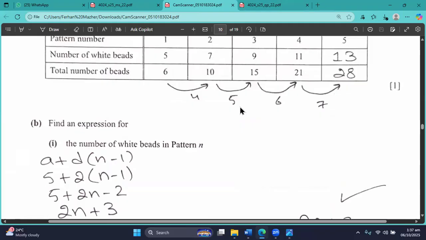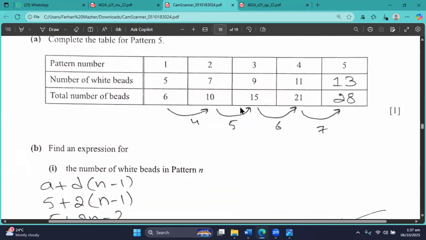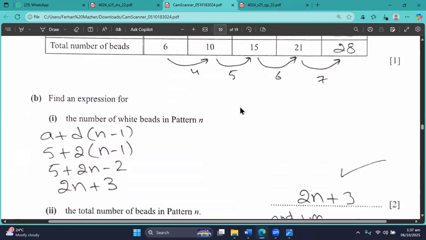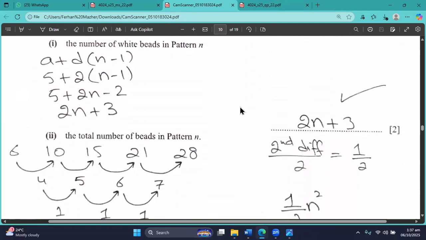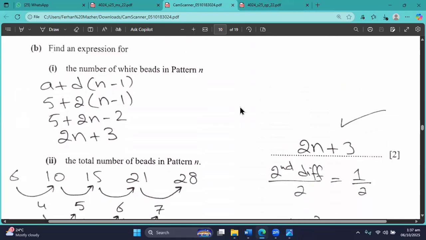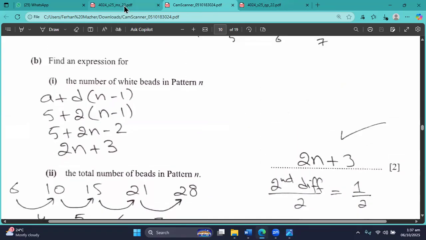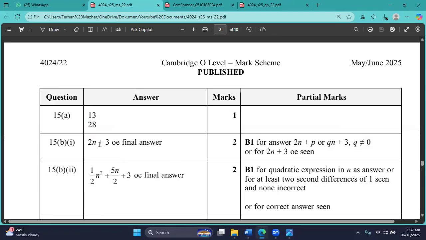The first term is 5, and d means the common difference, which here is positive 2. So 5 plus 2 bracket n minus 1, that will be 5 plus 2n minus 2, that will be 2n plus 3. So the formula is 2n plus 3.